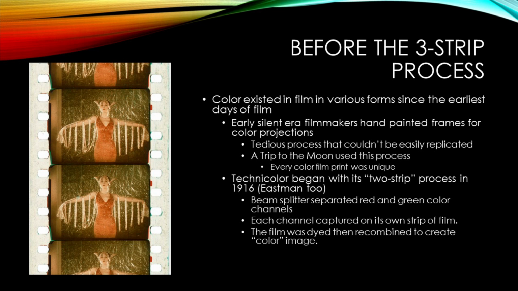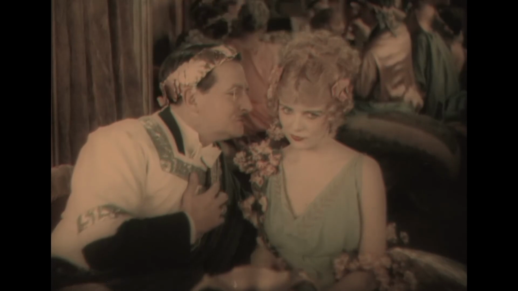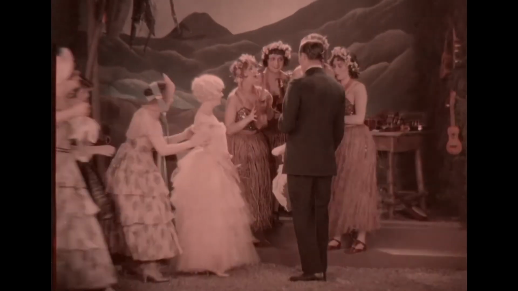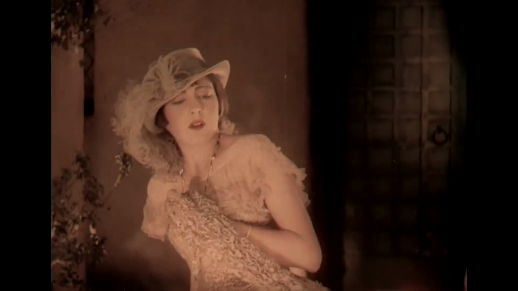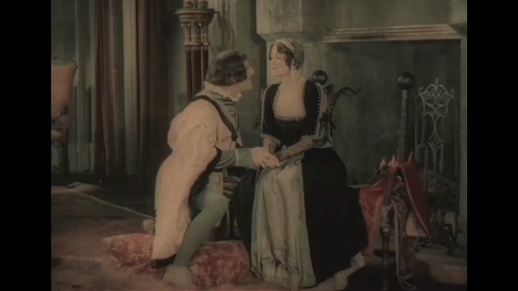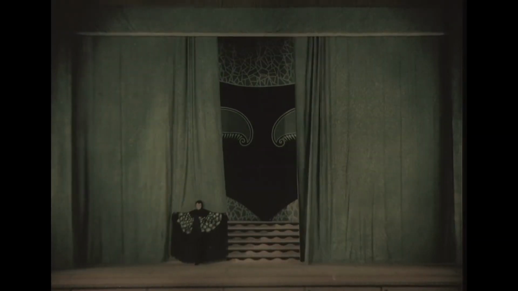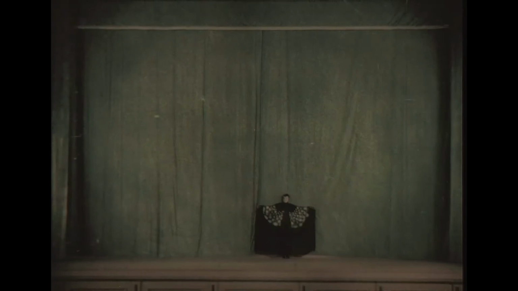So the red channel and green channel of color is captured by two separate film strips, and then those film strips are combined to give you both red colors and green colors in the image. So this looks a little bit more realistic, more lifelike than the rotoscoping or color tinting, but there's still at least one other color that we generally think of that needs to mix together to get those more lifelike colors.